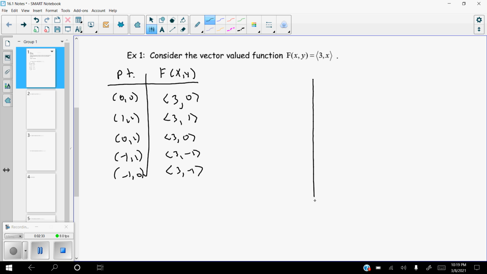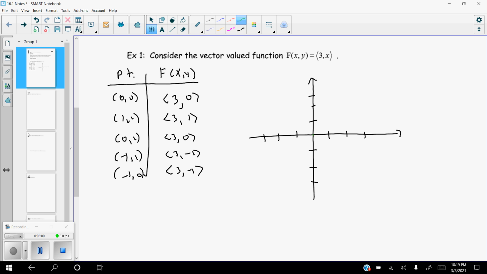So if I was to sketch this vector field, I'm going to go out 1, 2, 3 units in every direction, just to give it some kind of scale. My first vector is created from the point 0, 0, and it's the vector 3, 0.